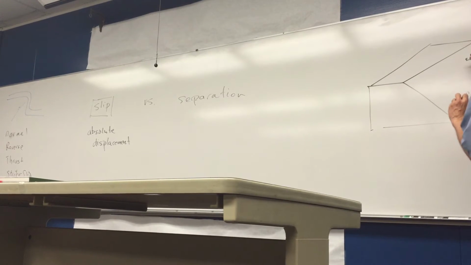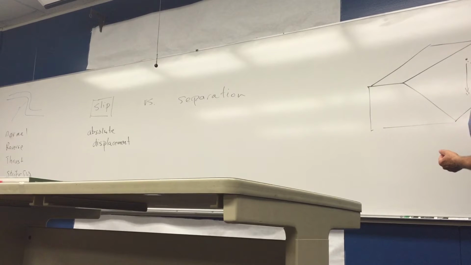So I can talk about that vector in the plane, and that is going to be a net slip. I can talk about a dip slip and a strike slip component of that displacement in the plane itself, in that dipping plane.